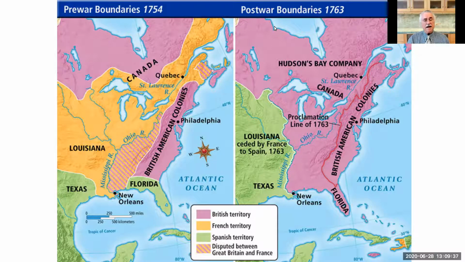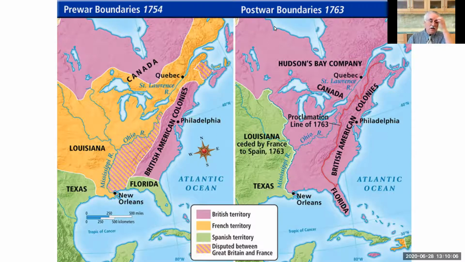You can see on this map that on the left-hand side, dating to about 1754, on the North American continent, there are three colors that we should look at in particular. The pink, which stands for the British American colonies, the yellow or the gold that show the French American colonies, and then the green that shows the Spanish American colonies.